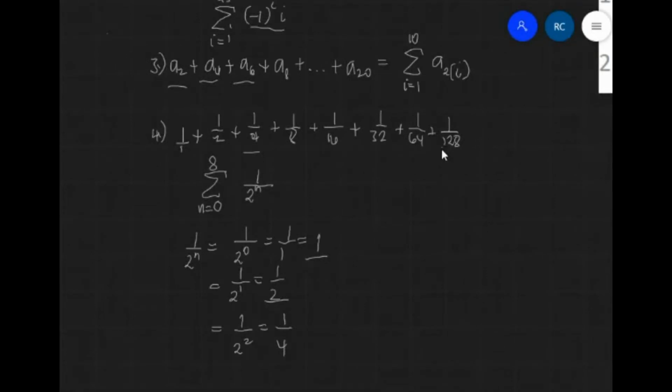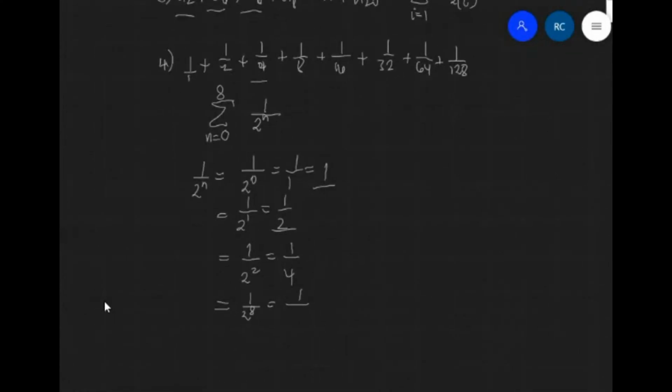Try natin yung last term kung tamang 128. So ito ay 1 over 2 raised to, ang last term natin ay 8. 2 raised to 8. Ilan po? 256. Okay. Dapat 128 ito. So, baguhin natin to.